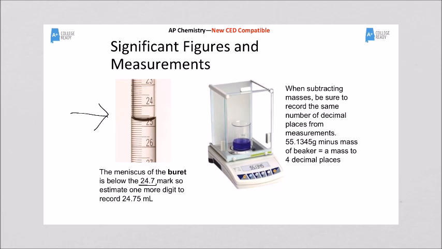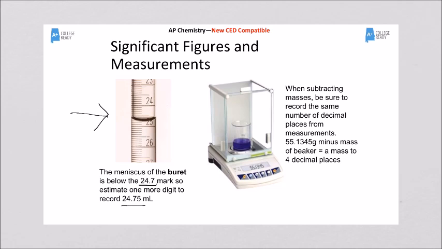That means I need to estimate that next digit, and all of us may not have the same number, and that's okay, and the AP exam understands that because it is an estimation. There are no other markings in between those tenth lines. So I might come up with 24.75, you might say 24.76. As long as we're close to the value that they're looking for, we would get credit.